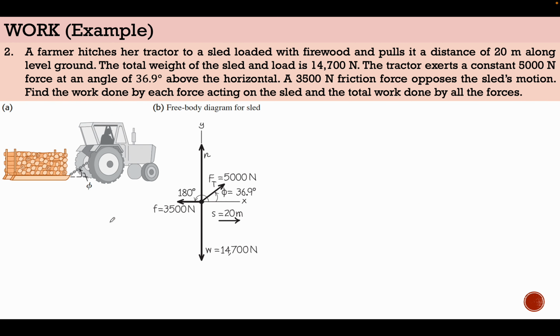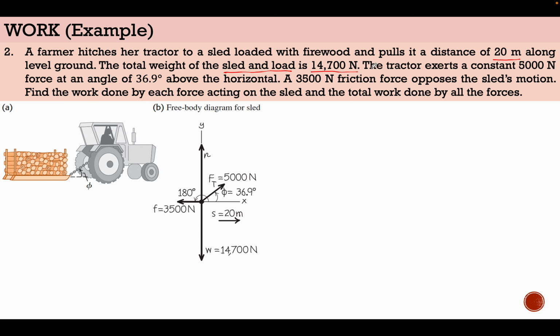Okay, so another example, number 2, is still all about work. We have here a farmer who hitches her tractor to a sled loaded with firewood and pulls it a distance of 20 meters along the level ground. The total weight of the sled and the load is 14,700 newtons.